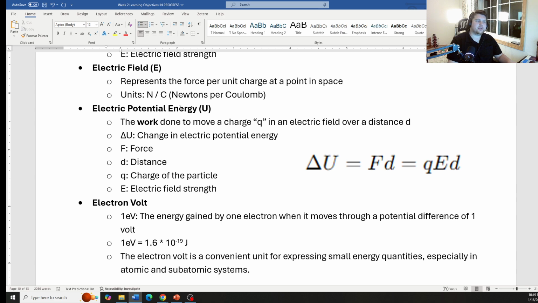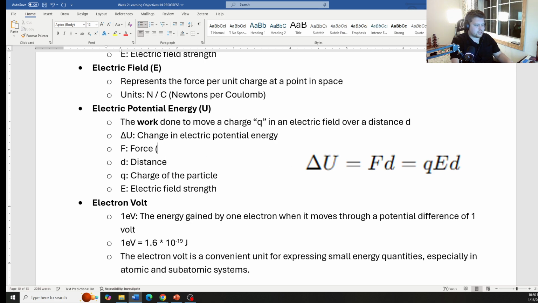This equation, our change in potential energy, is equal to the force times the distance or displacement, which also is equal to the charge of our particle, the electric field strength, multiplied by that distance.